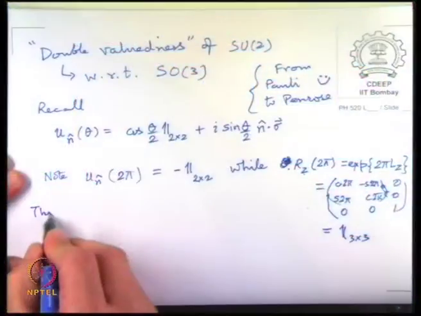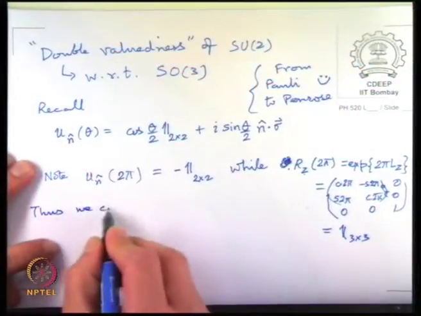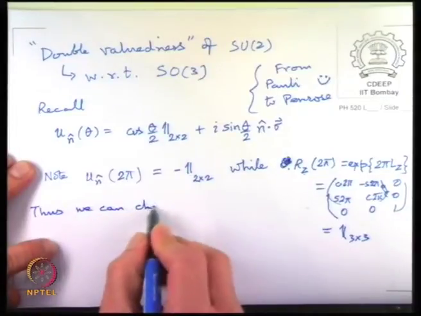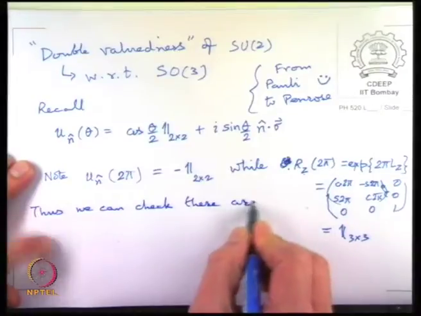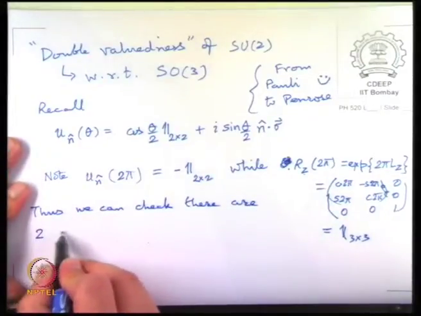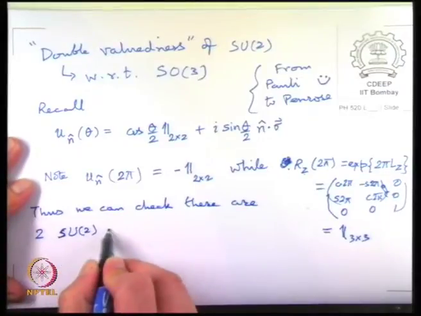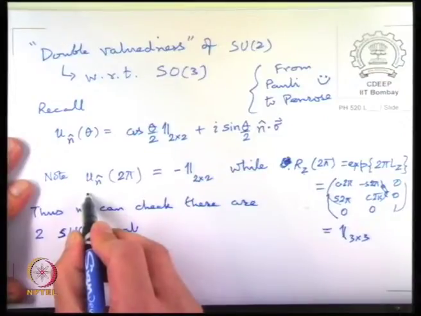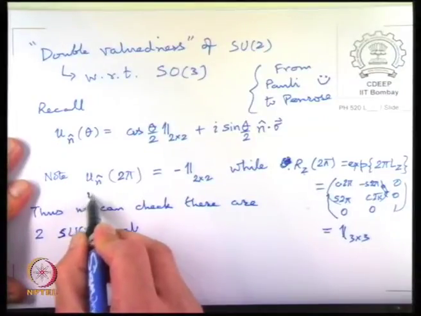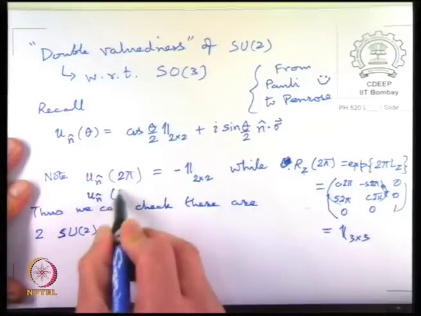And so what we find is that there is a two valuedness. There are two SU2 matrices for every O matrix. And of course, we know that U n cap of 4 pi would be equal to 1.